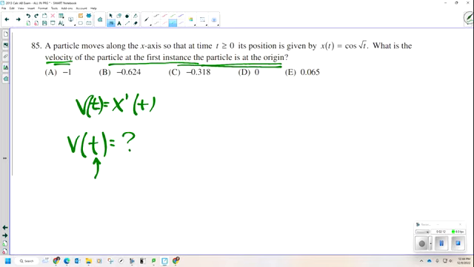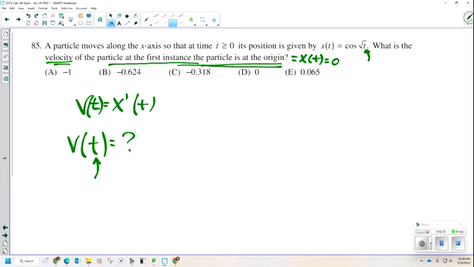Now, you might be thinking 0 and saying, well, I put a 0 in for time. No, they don't want to know at time 0, they want the time at position 0. When the particle is at the origin, that means the position would be 0.